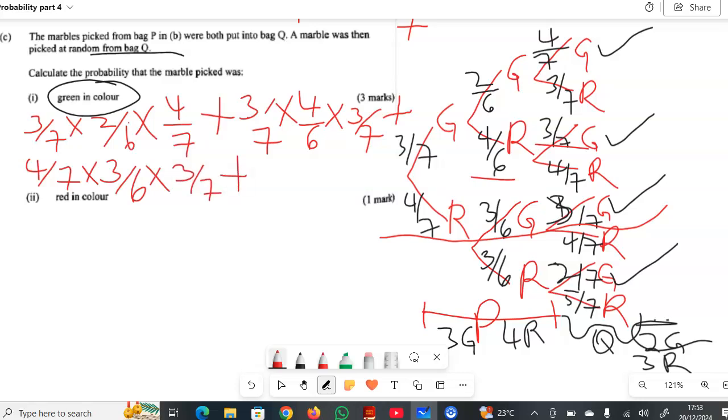We add the last case, that is this part here. We have 4 over 7. We multiply by 3 over 6. Then we multiply by 2 over 7.